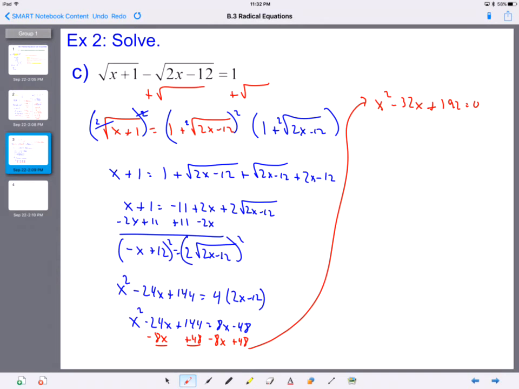Let me see maybe if I can come up with, if I check a couple factors for the 192 that give you 32. Let's see. What about, that'll be 28, so that won't work.